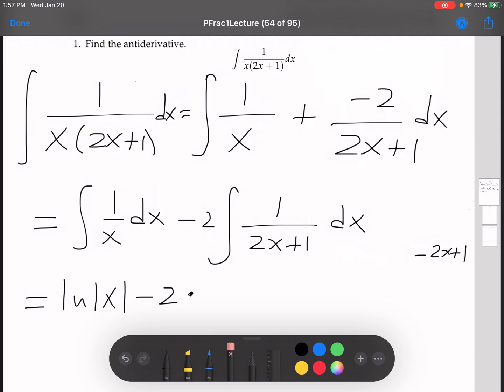If you do that, you'll see the integral is 1 over 2 ln absolute value 2x plus 1 plus C. And these will cancel, leaving us with minus there. And that's the correct answer.